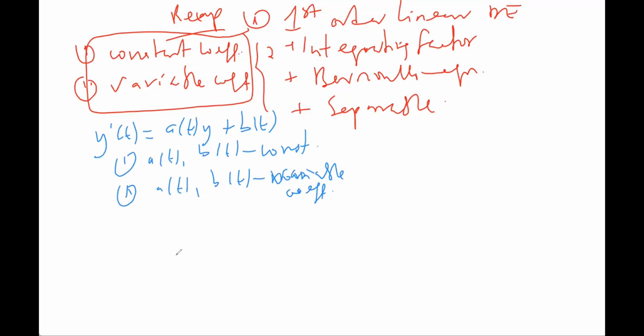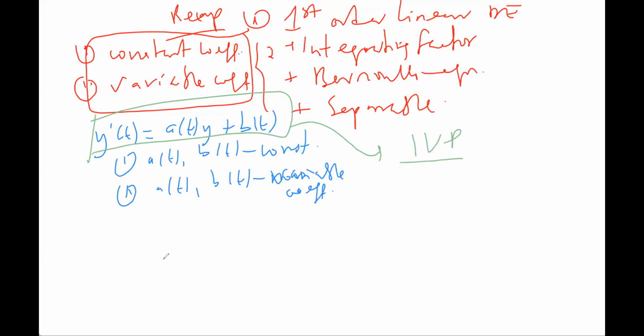And we spoke about their solution methods, how you can use the integrating factors. Then we spoke about initial value problems.